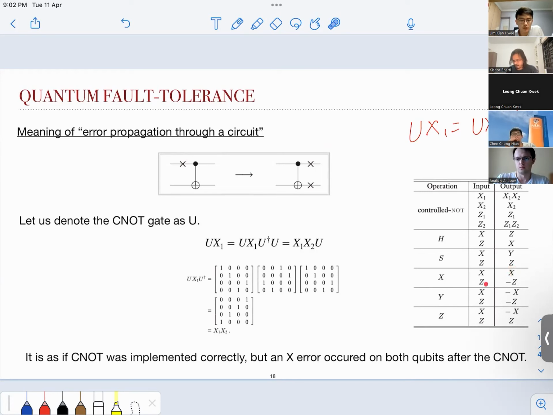But if a Z error was there, then the error that occurred effectively was minus Z, and so on. You can calculate. It's just a simple calculation which can tell you, given an input, what will be the output for a particular operation. So here we had X1, and the C0 was U, and you got X1 X2 there. So you have X1 X2 U. So apart from U, you have some extra thing, and that extra thing is the output that you have here.